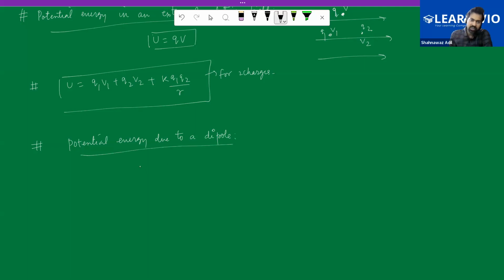And how much is that? So this is minus p dot E. So this is the potential energy.